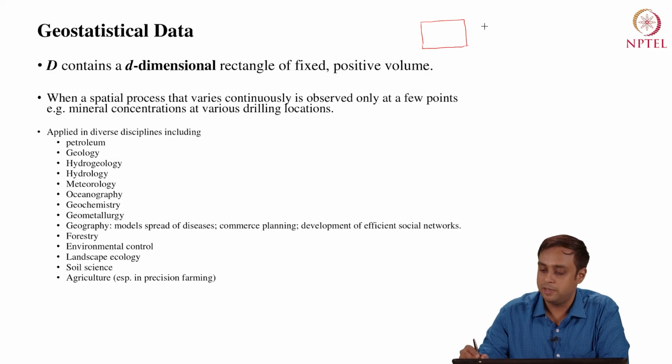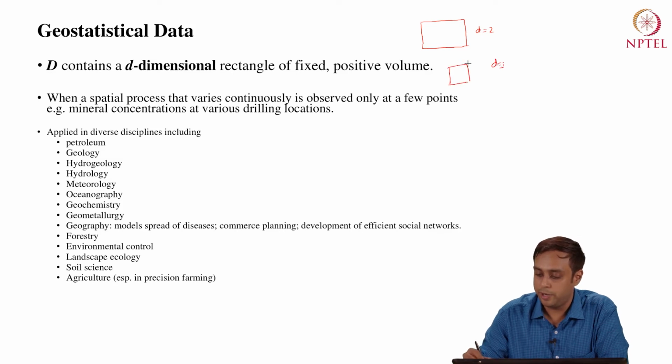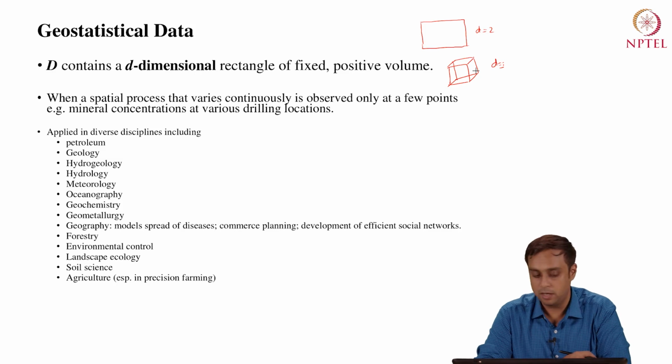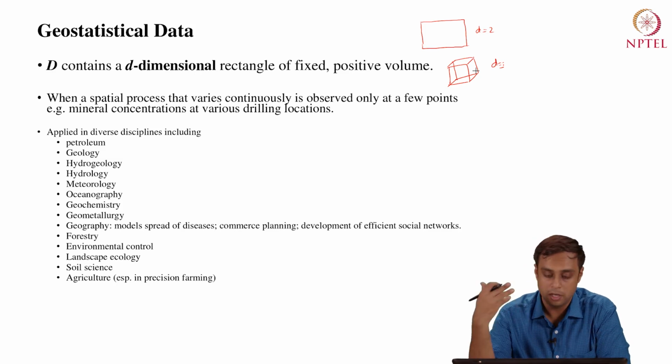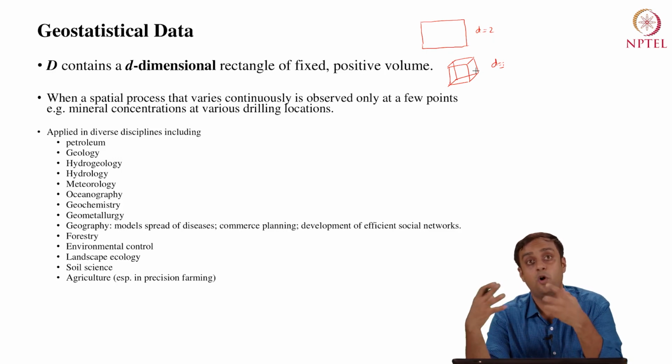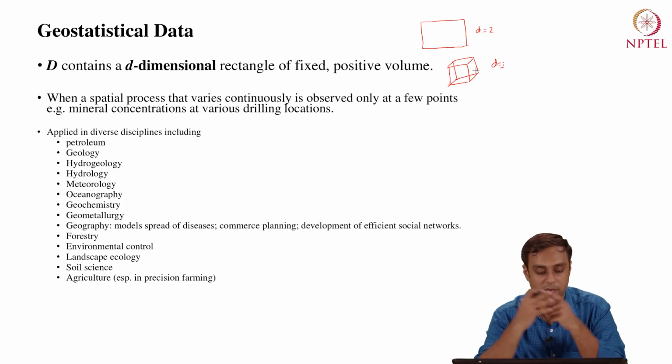This would be a rectangle in D equals 2, and in D equals 3, it's going to be a three-dimensional cube, a fixed positive volume domain that we are working with.